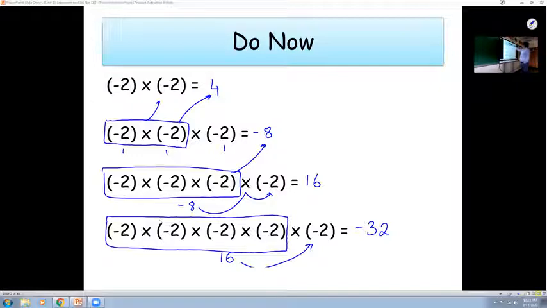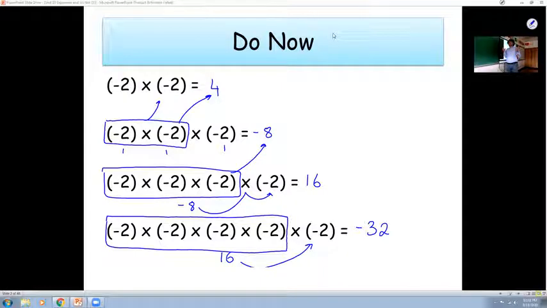My point is not to multiply them one by one, because it will take a lot of time. And what if we have 50 -2s? -2 times -2 times -2 times -2 times -2 times -2. I am so tired of saying -2 times -2 times -2.